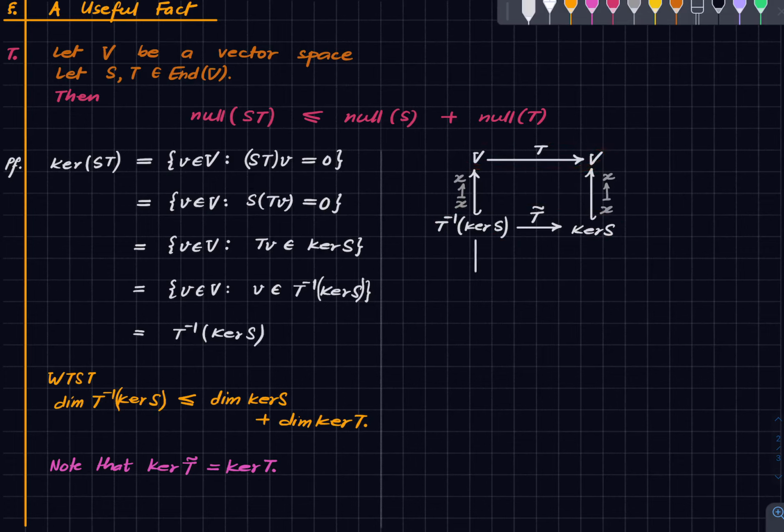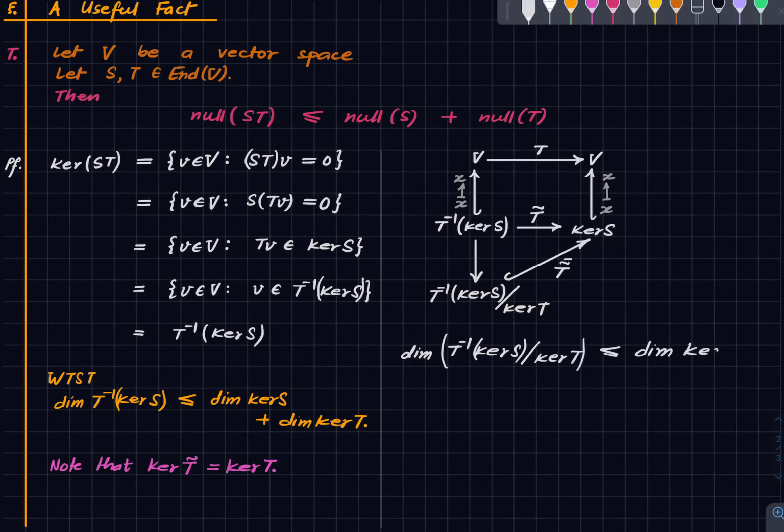If we do that, we get this factoring. And here we get an injective linear map, which we denote by T tilde bar. Simply because this is an injective linear map, the dimension of this space is at most the dimension of that space. And thus we deduce that the dimension of this quotient space is at most the dimension of the kernel of S. But what is the left-hand side?